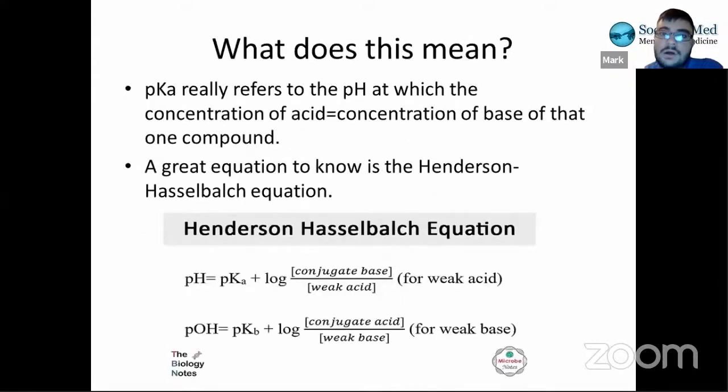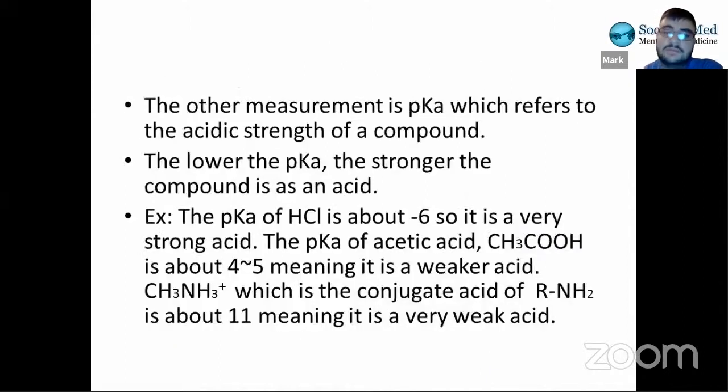Okay. And there's actually a specific reason why I picked these two specifically to show you the pKas of, the 4 and the 11. It's because these are very commonly used on the MCAT, because these are the exact two groups that make up amino acids, right? So this is the amino end of the amino acid, and this is the acid part of the amino acid, right?